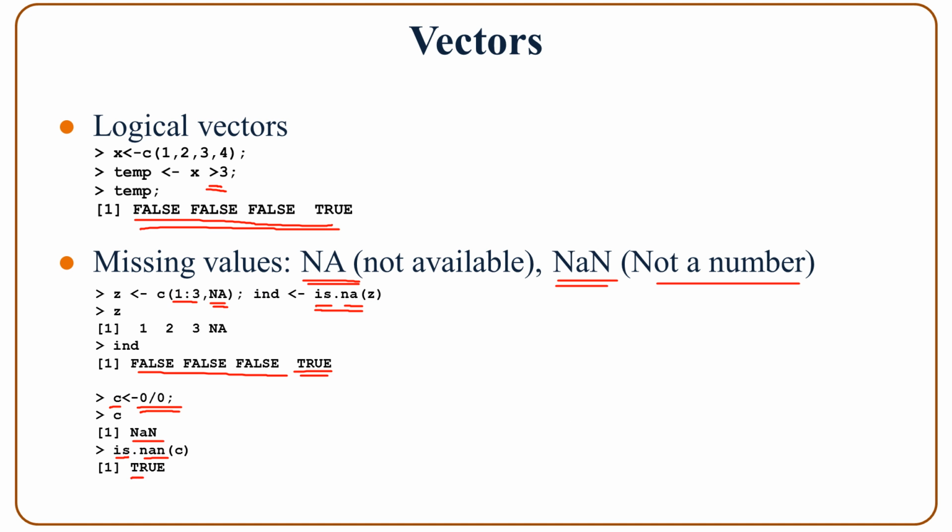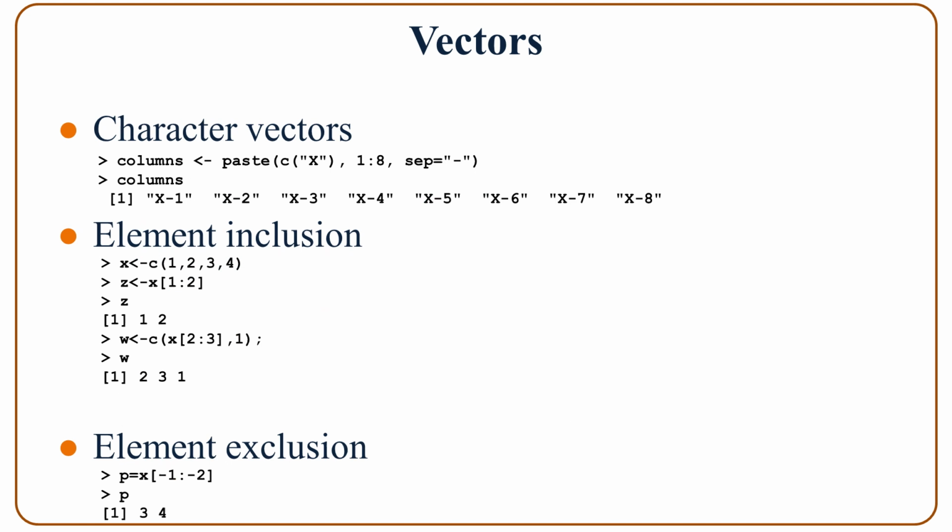In R, you can use the paste function to concatenate strings. You can also use the paste function to create character vectors like this. So the first parameter is a vector containing one element x, which is a character, and the second parameter is a vector containing elements from 1 to 8, and you specify the separator using the sep parameter.